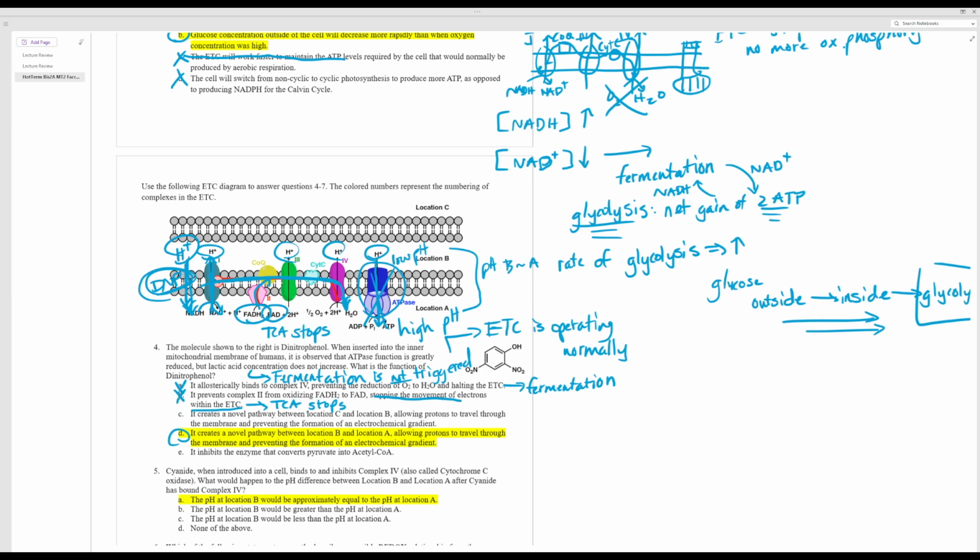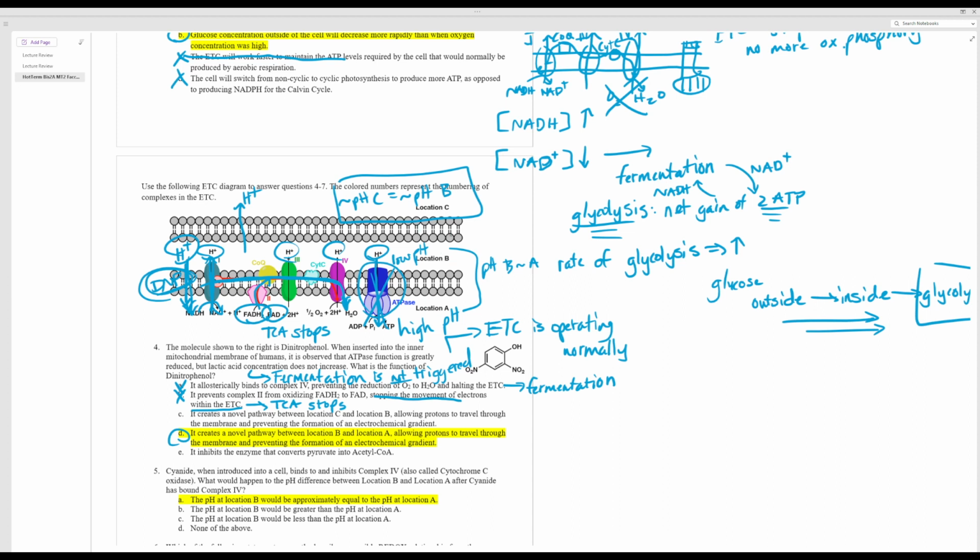C, it creates a novel pathway between locations C and B, allowing protons to travel through the membrane and preventing the formation of an electrochemical gradient. Well, if this were true, H plus goes through here. Okay, well, location C and location B could have roughly the same pH. But we could still end up with this pH being lower than location A's.